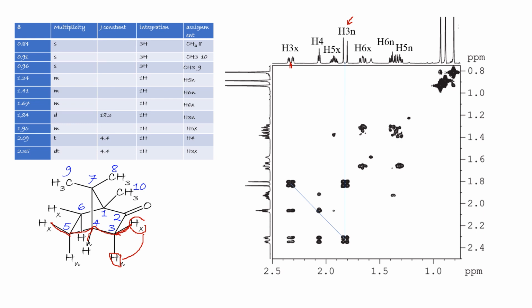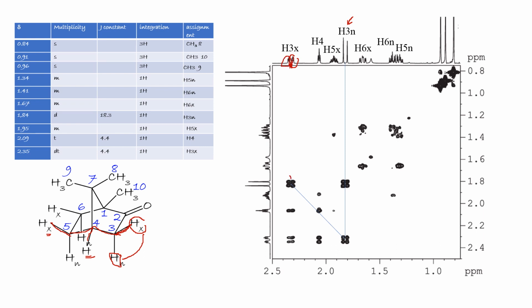The J to H4 was about 4.4 hertz, and H5X has the same J value. That's why it shows up as a triplet, so doublet of triplets here.